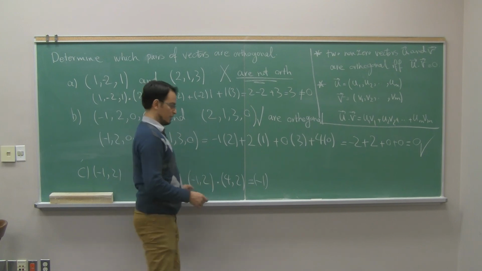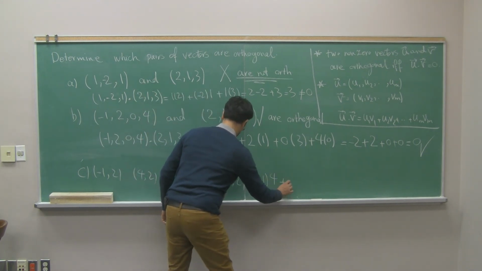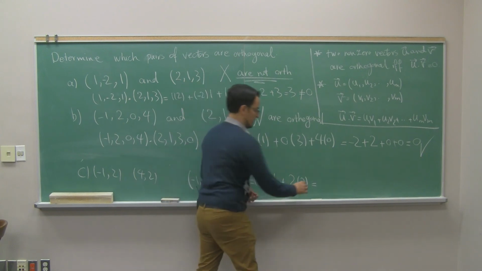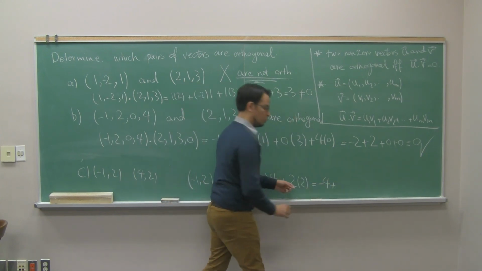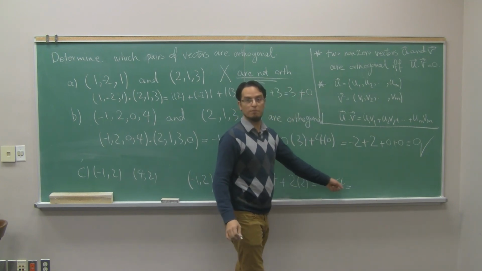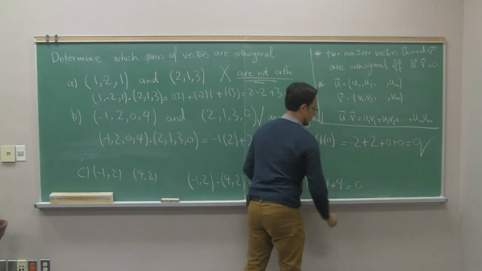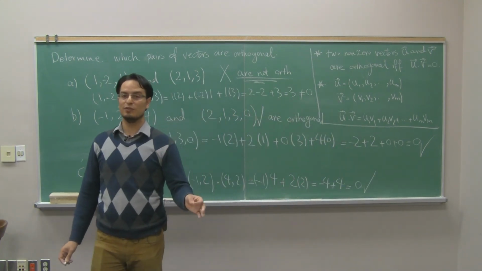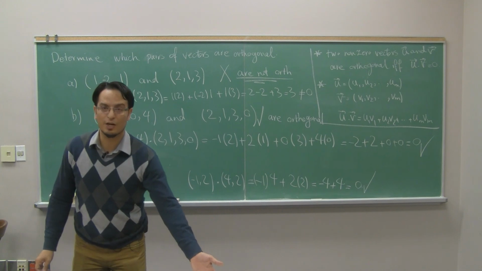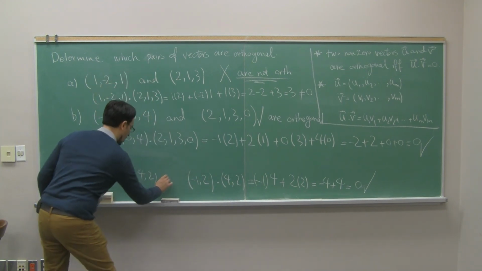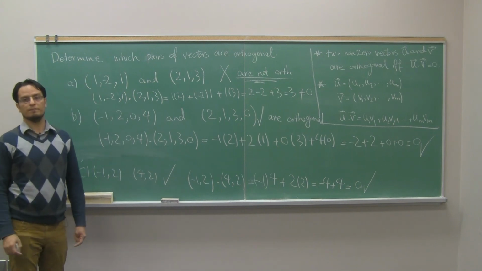Multiply corresponding components, add them. -1 times 4 is -4, plus 2 times 2 is 4. -4 plus 4 is 0. I found the dot product of these two vectors. It is 0, which means that these two vectors are orthogonal.